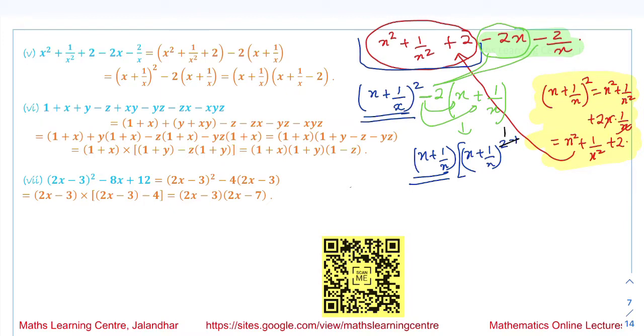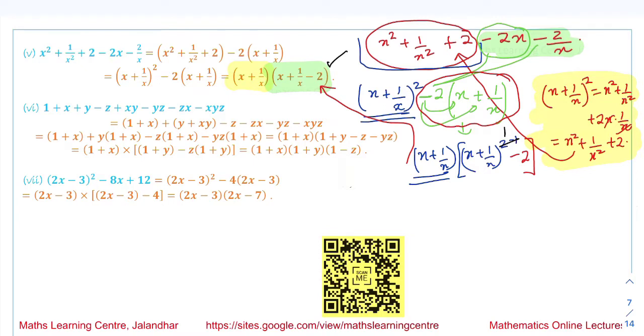And from the next term, when we take x plus 1 by x common, we are left with minus 2. So the final answer that you will get is x plus 1 by x into x plus 1 by x minus 2. Now we cannot simplify this further, so this is our final answer in this case.